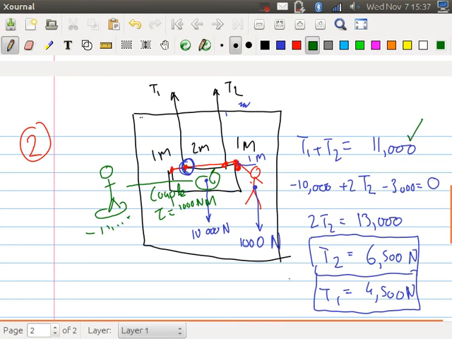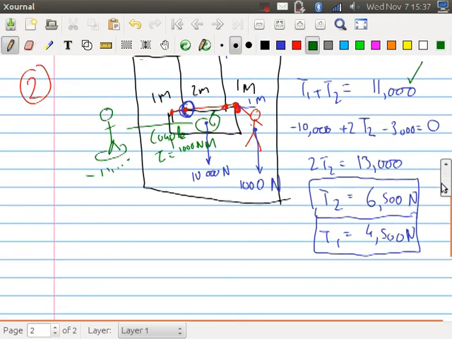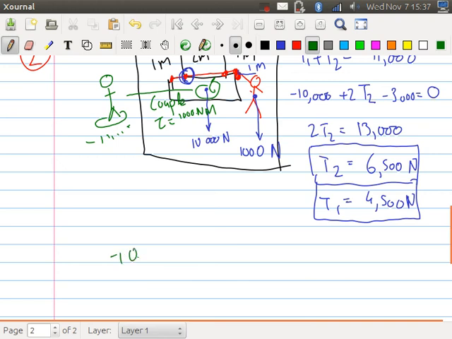What does change though? Yeah, the turning force. So now you get minus 10,000 plus 2T2 minus 3,000, and let's say I turn it clockwise, so that would be minus 1,000. What should that equal still? It should still be 0, because let's pretend I turn it but I am not strong enough to move it.